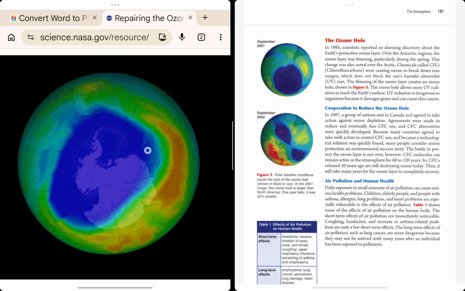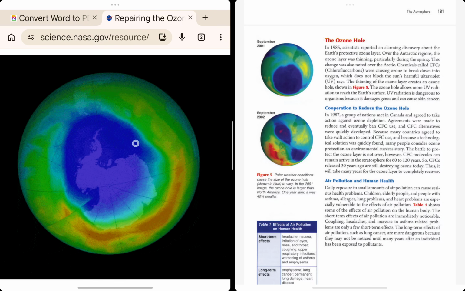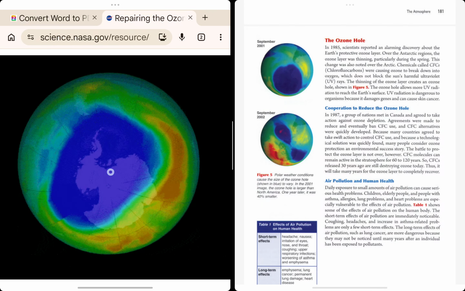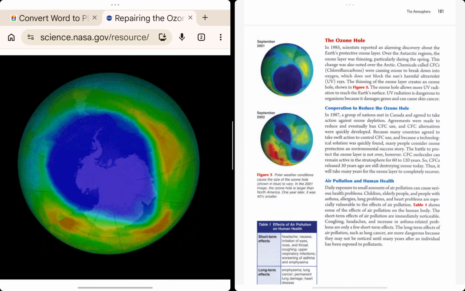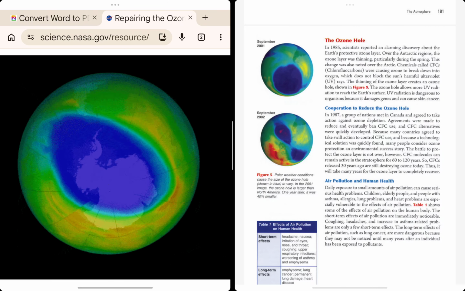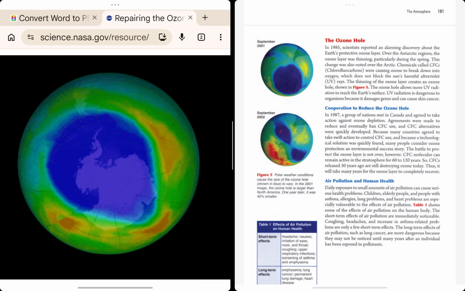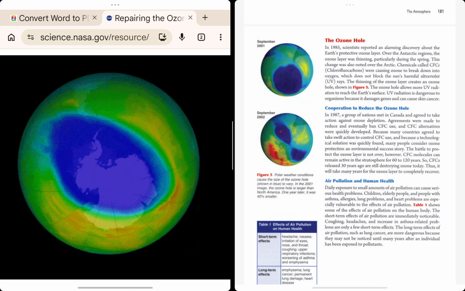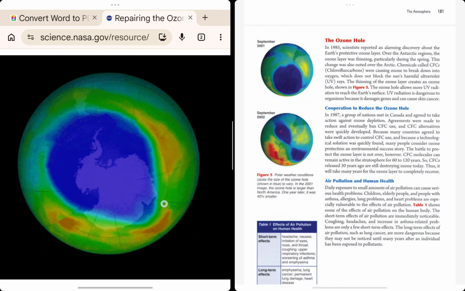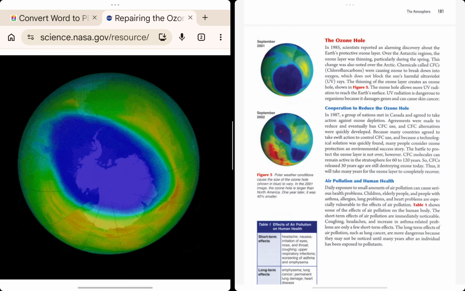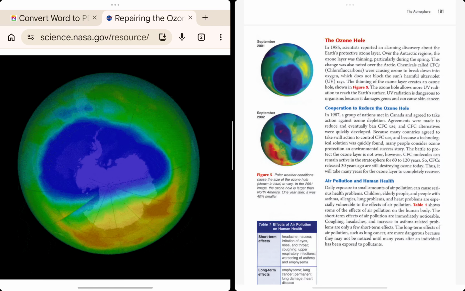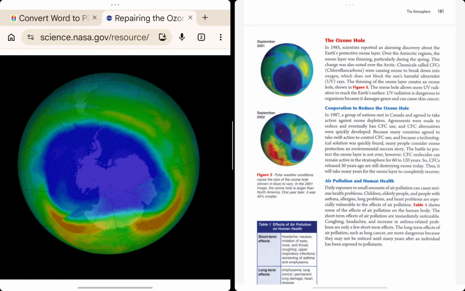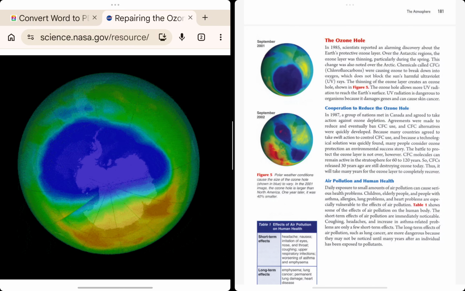And when there's a hole, of course the UV radiation can enter, and we won't have that protection. So it's dangerous because more UV reaches the earth and it causes skin cancer, eye damage, and DNA damage.